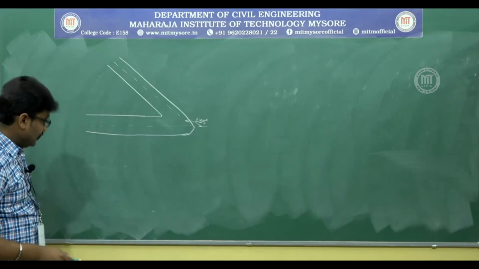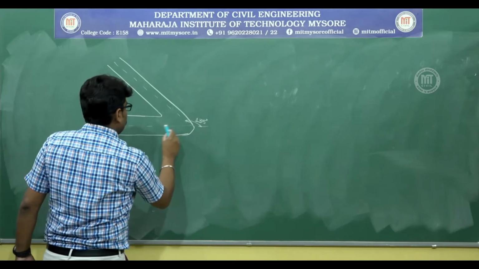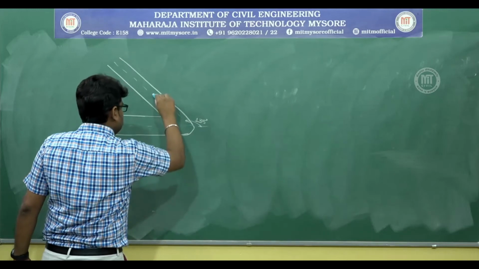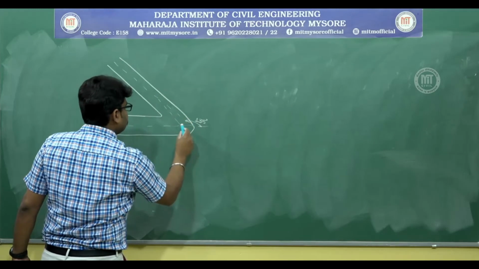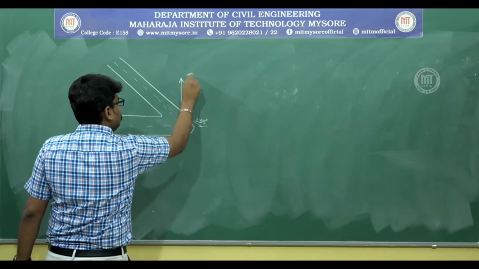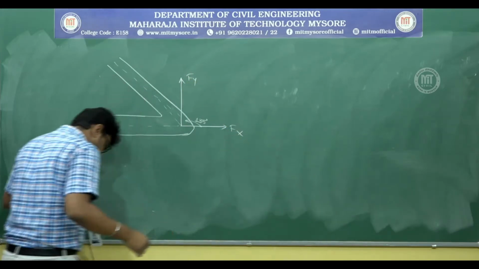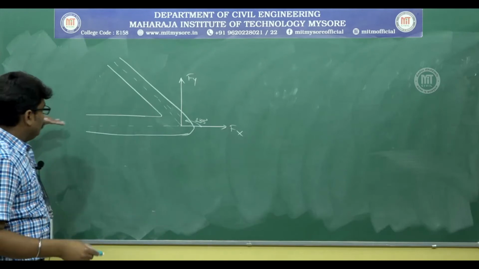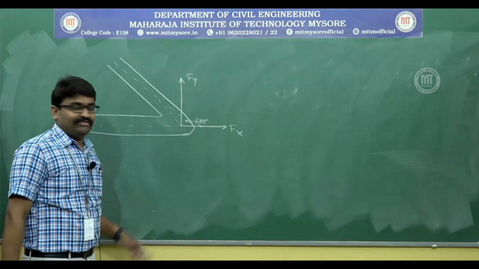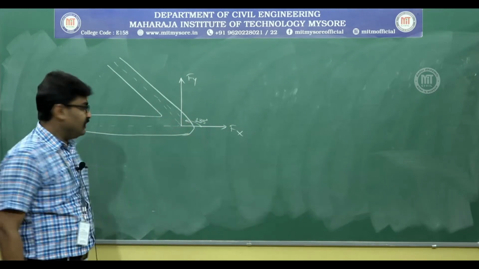So, this actually is the pipe. Again, very important thing here is this: you have Fy in this direction, Fx in this direction, because the force from the flowing fluid will hit the pipe bend here.